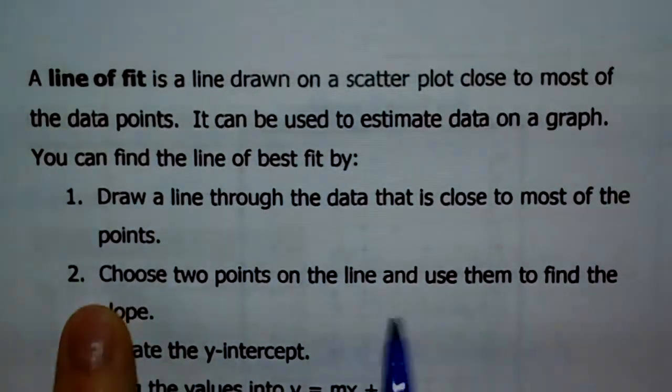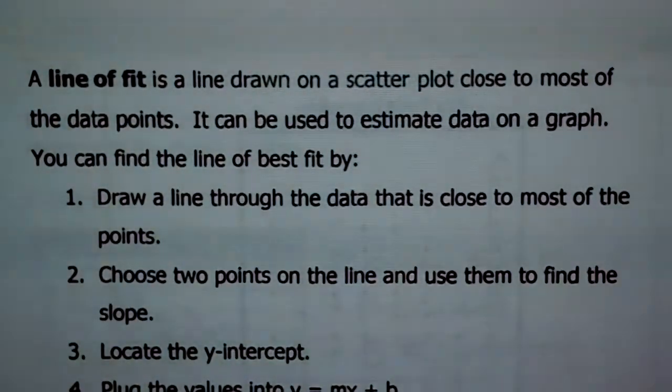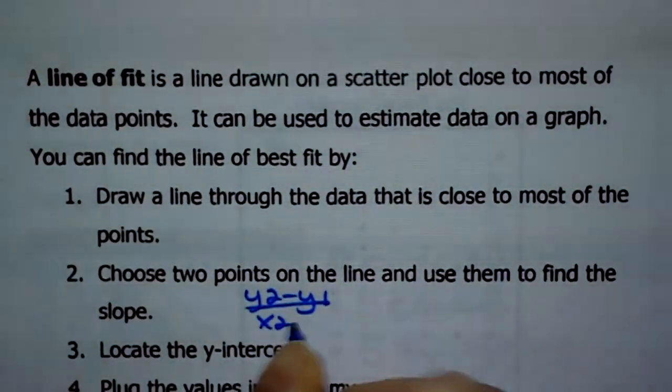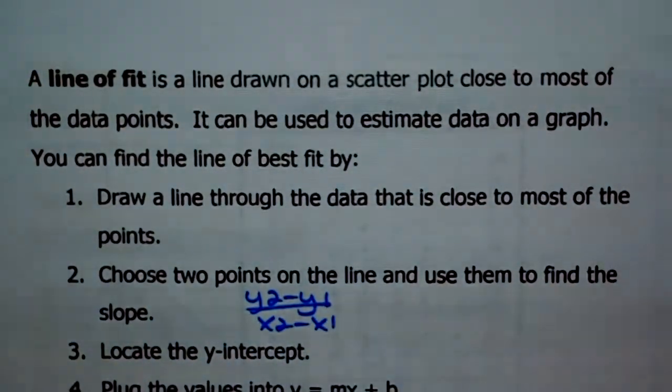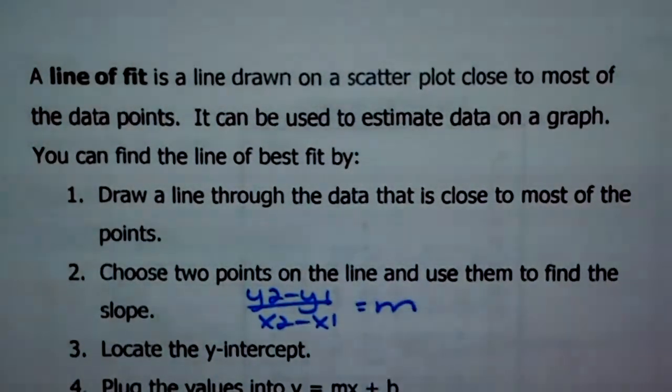Then you're going to choose 2 points on the line and use them to find the slope. Do you remember how to find the slope from 2 points on a line? y2 minus y1 over x2 minus x1. Maybe we should write that right here. y2 minus y1 over x2 minus x1. That'll give us our m. Then we're going to locate the y-intercept.